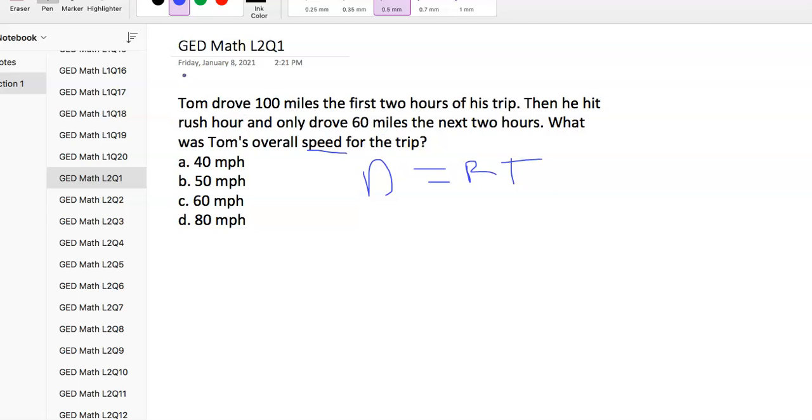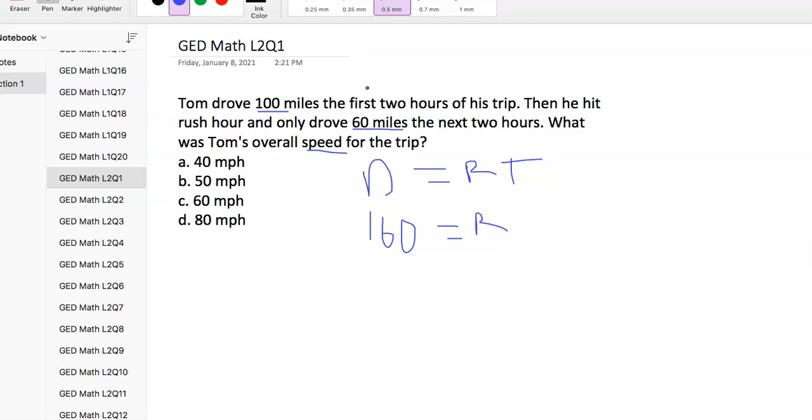So it started off and it said Tom drove 100 miles in the first 2 hours. Don't worry about time yet. Then he hit rush hour, then he drove 60 miles. So 100 plus 60, he drove 160 miles total. So that's the distance. The rate we don't know.